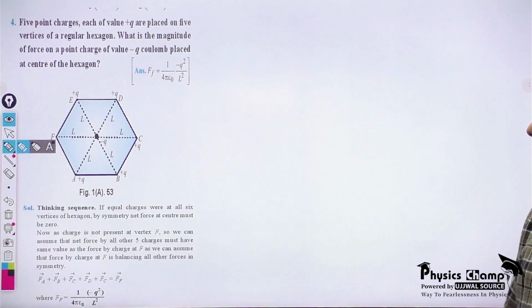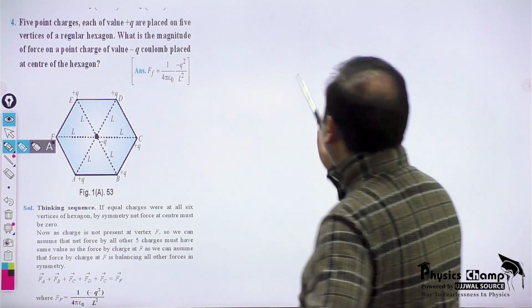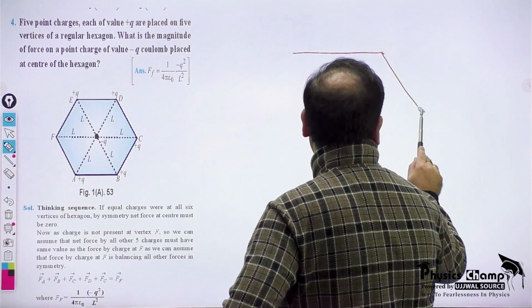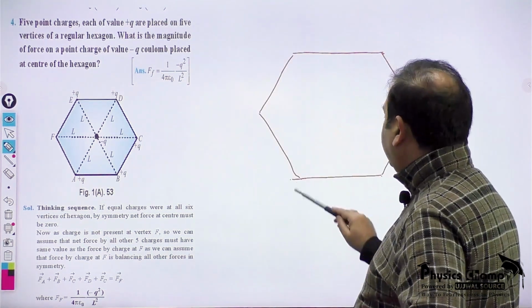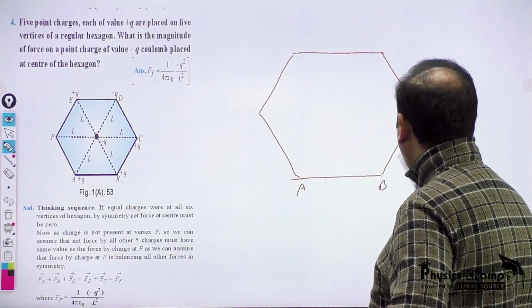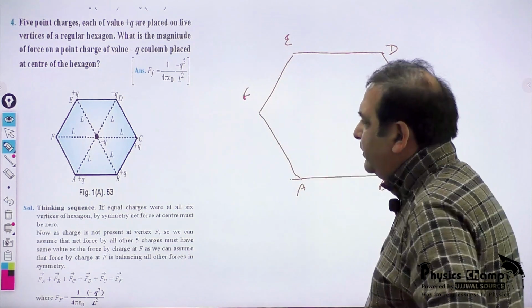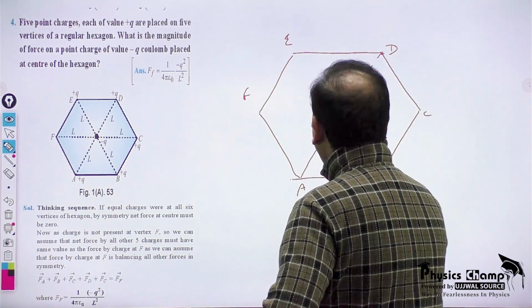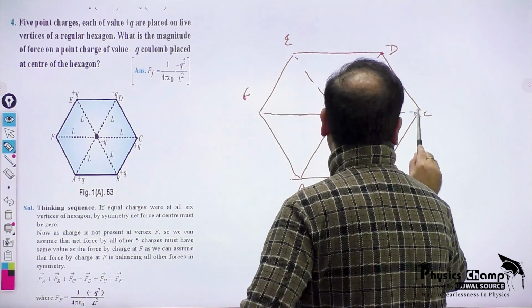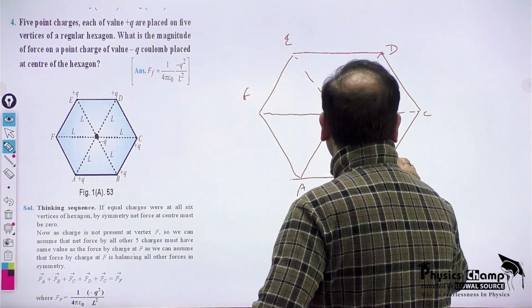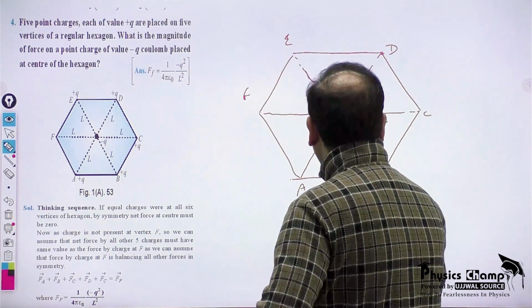In question number 4, you can see there are 5 point charges. There is a hexagon which is provided to you, and the hexagon has vertices A, B, anticlockwise, C, D, E and F, and the distance from the center of the hexagon to each vertex is clearly represented as L. So it has minimized your effort here.